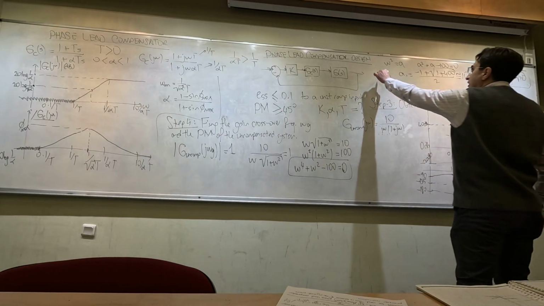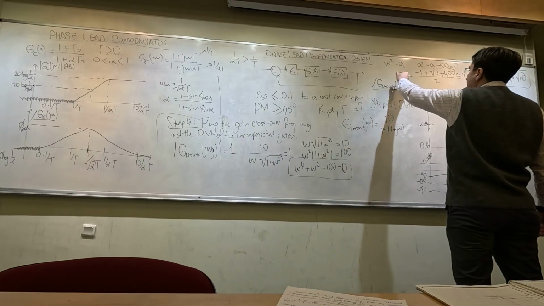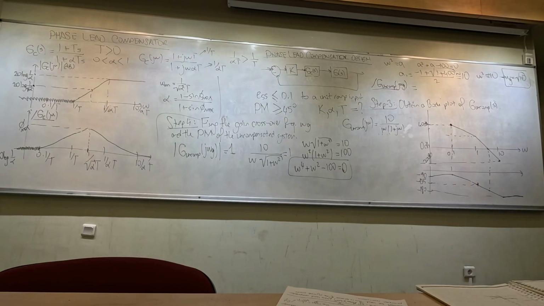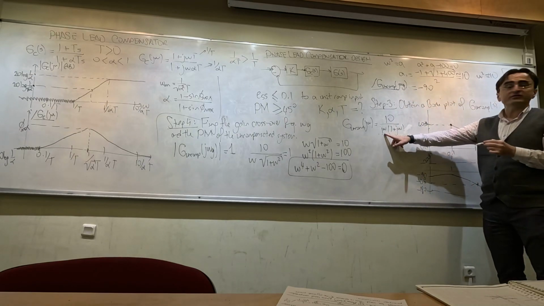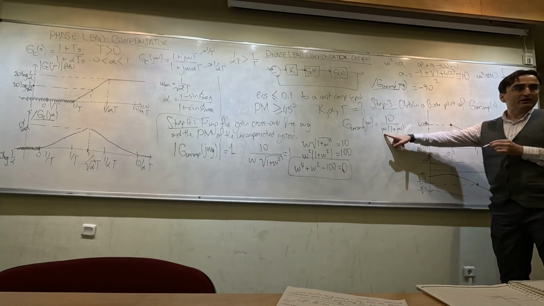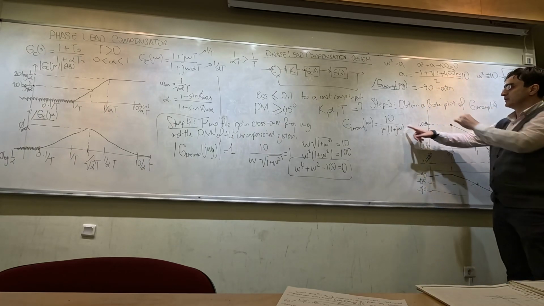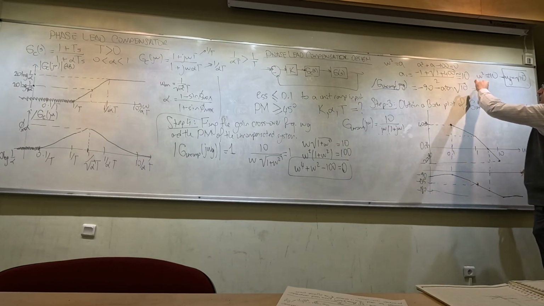G uncompensated of j evaluated at omega g is given like this. The phase is minus 90 degrees because of the j omega term, and minus arctangent omega, where omega here is the square root of 10.